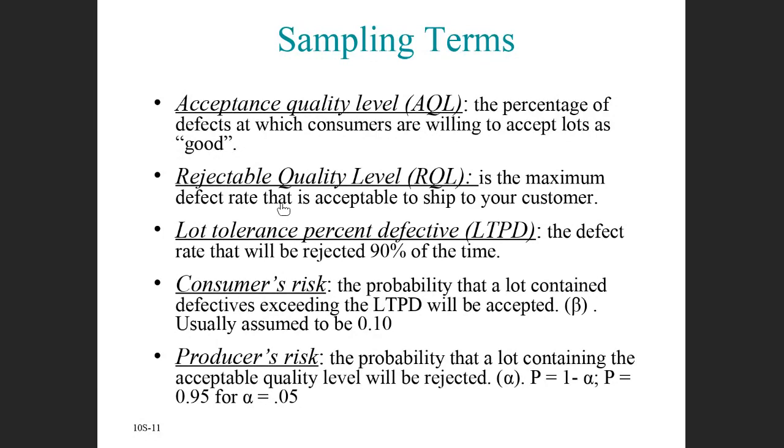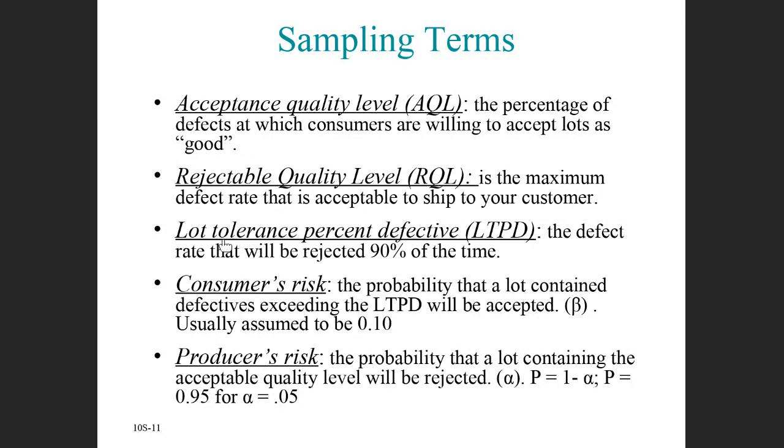It is the maximum defect rate that is acceptable, the maximum of defects you can accept by the customers or ship to the customers. So both are two sides of the same coin. They have the same meaning.